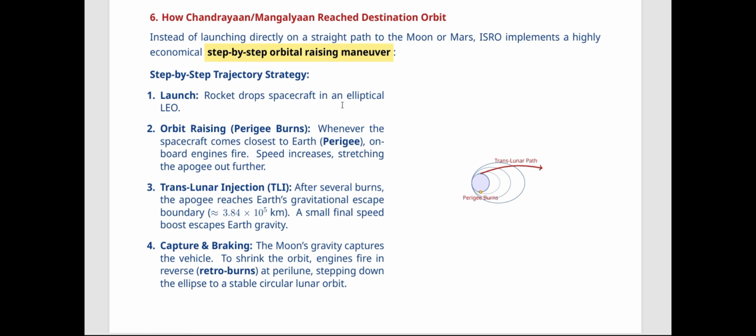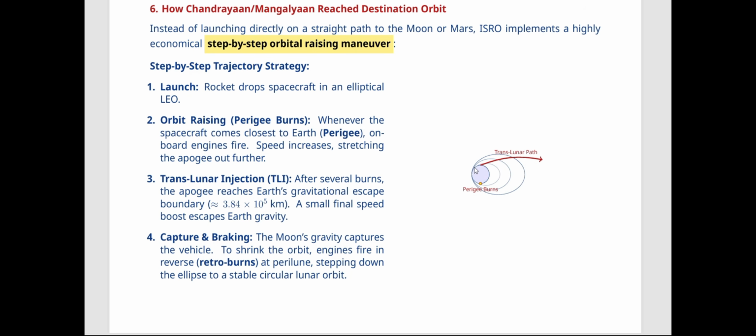Now step by step we will go. We launch the vehicle in a lower elliptical orbit first. When it again comes to the point of perigee, we burn the engine again. Then the satellite enters another elliptical orbit.